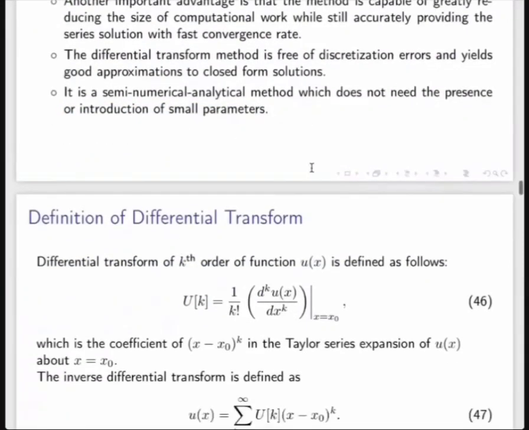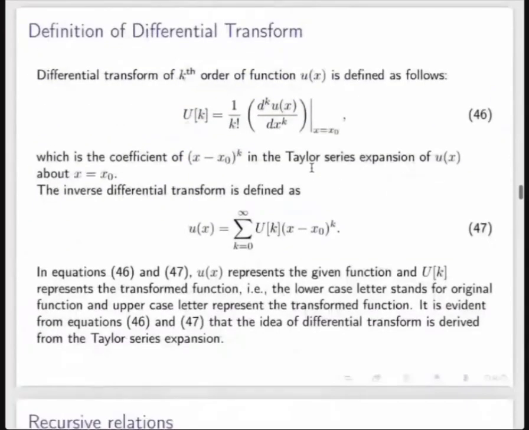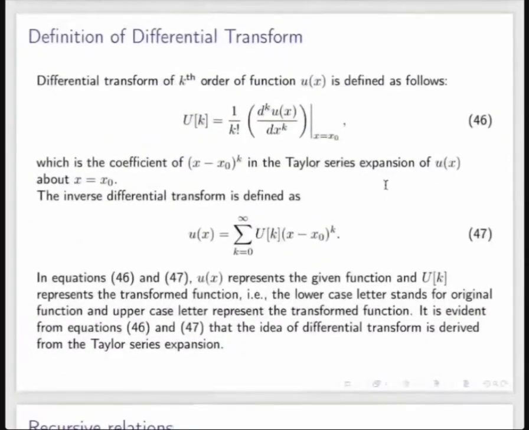And the mathematical definition of differential transform goes as equations 46 and 47. The kth order differential transform of a function u of x is defined as u of k, which equals 1 by k factorial times the kth derivative of u evaluated at the point x equals x naught.